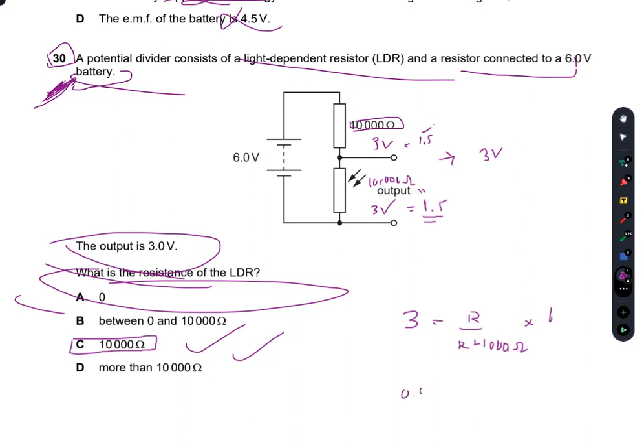So 3 divided by 6 is 0.5, and I multiply 0.5 with the denominator: 0.5 R plus 5,000, which will be equal to the resistance here.